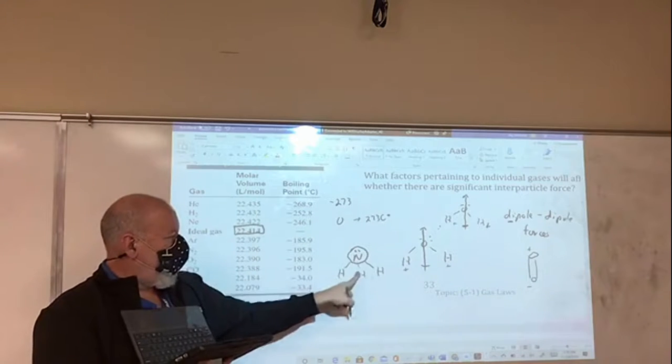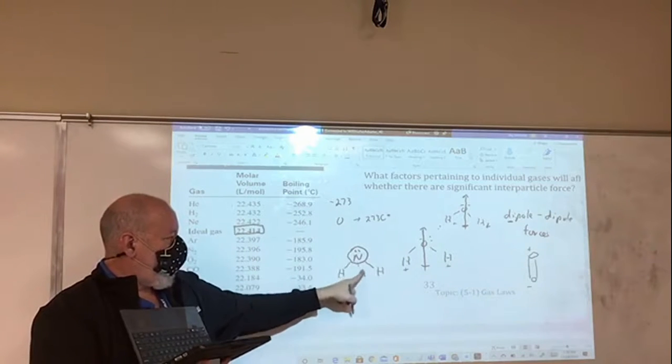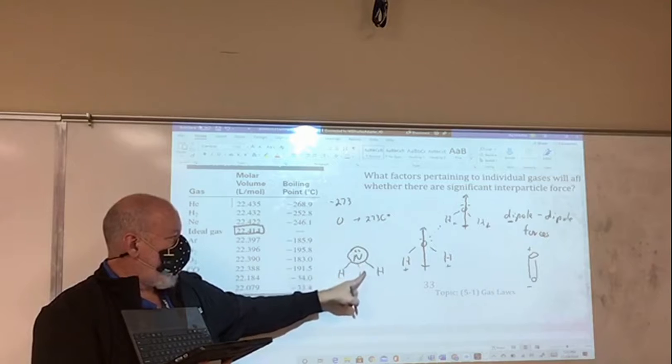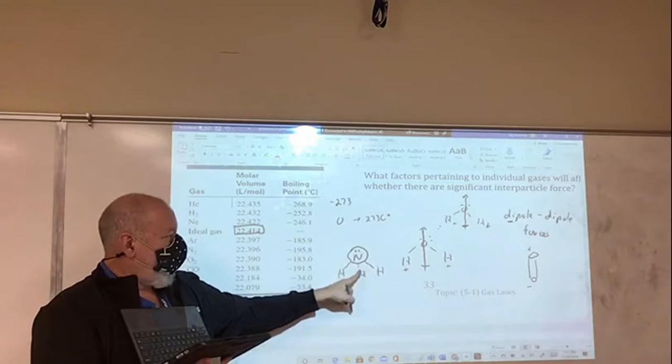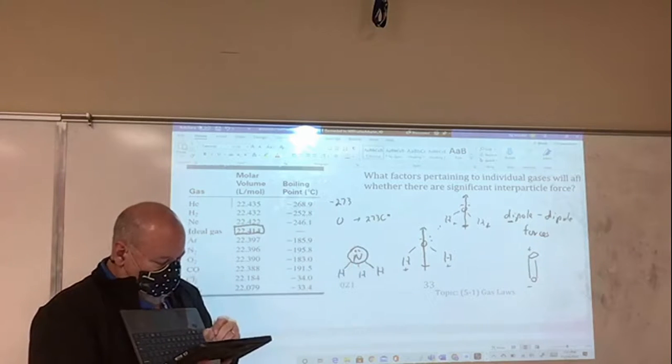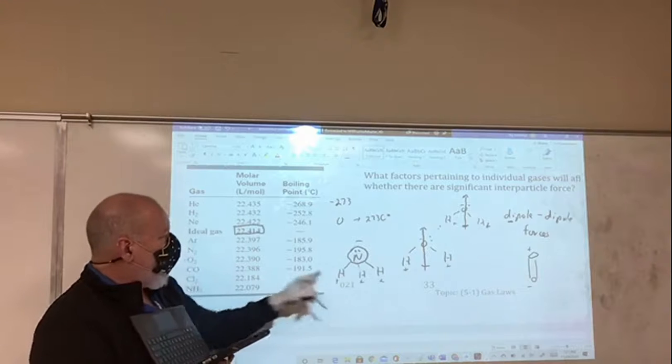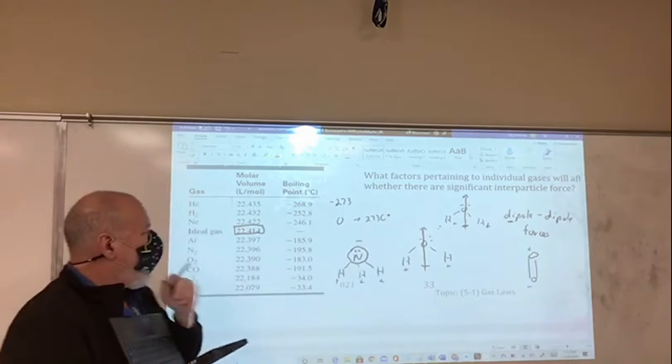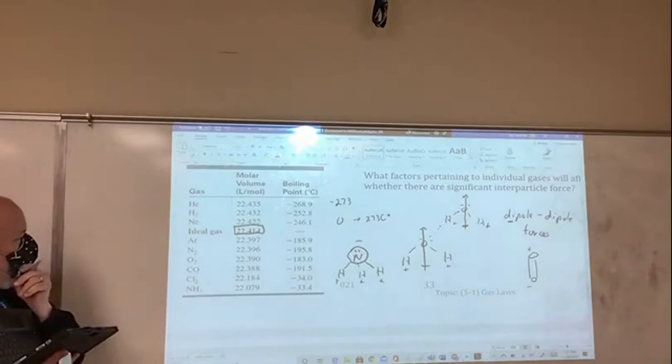This is like a little tripod, by the way. That's why the dotted line's there. It's behind the plane of the board. This is like a little tripod, and the negative end of the molecule is here, the positive end of the molecule is here, and it acts just like water does.